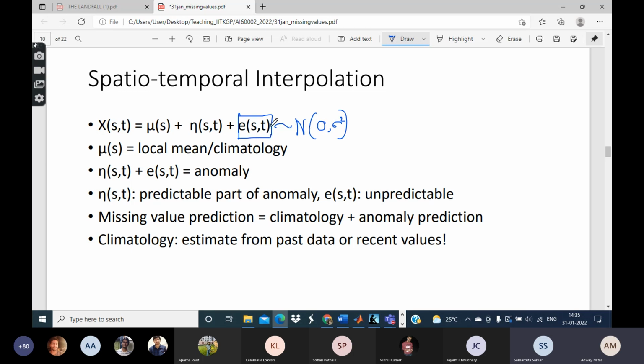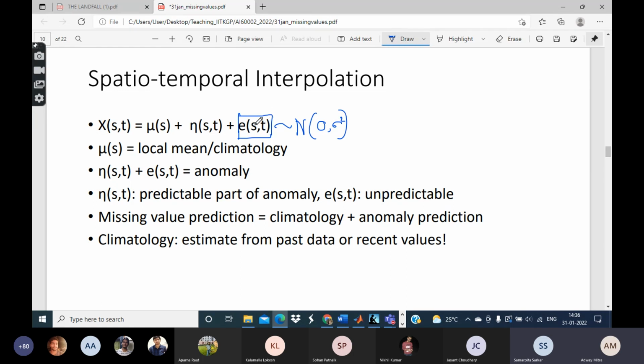Because it is done independent of every other location and every other time point, so it is not related to anything else, right? If it is not related to either other locations or other time points, we cannot use the readings at other locations and other times to make any guess about it. So this is called the unpredictable part of the anomaly.